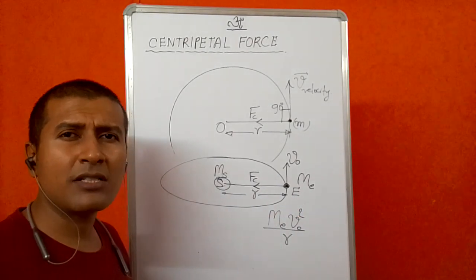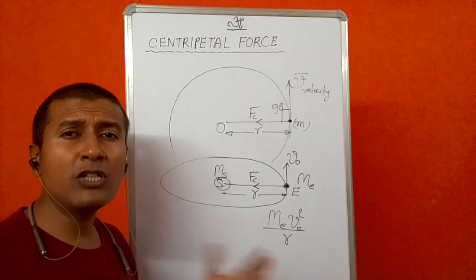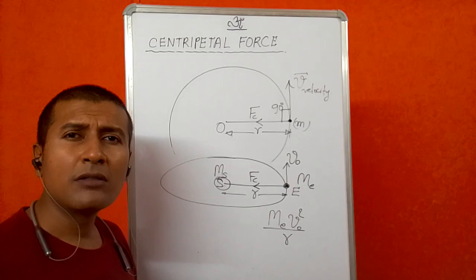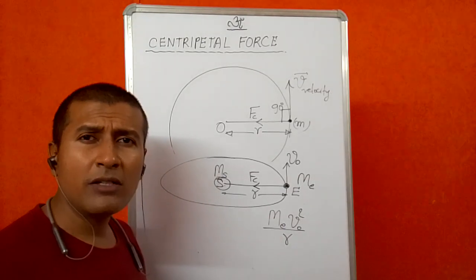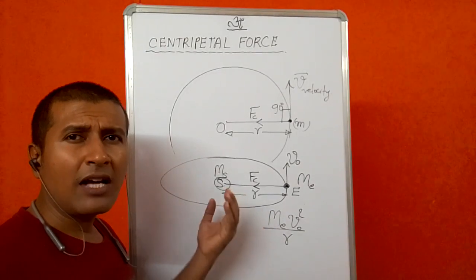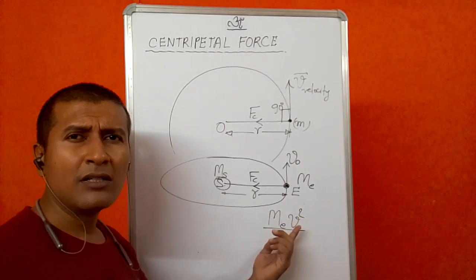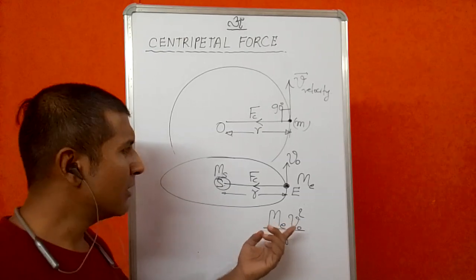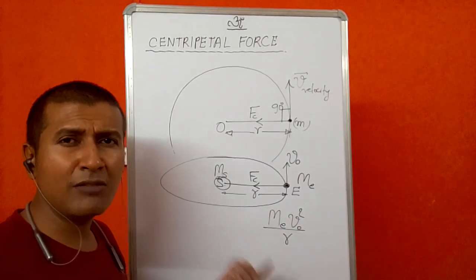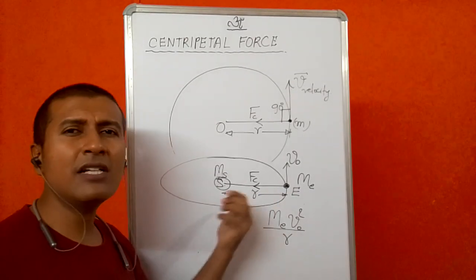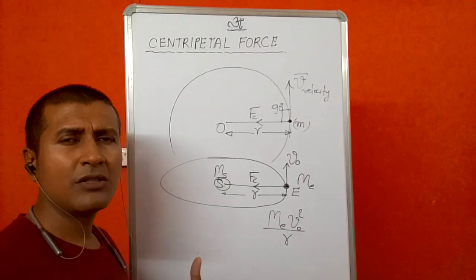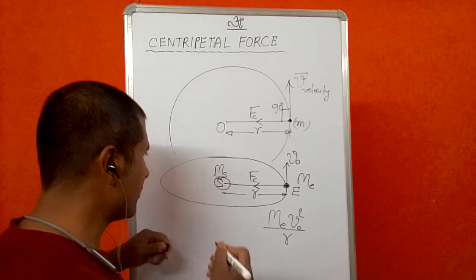Now, as I have discussed, centripetal force is not a new force, it is generated from something because of some property, right? Now here you need to understand how the Earth is provided the centripetal force. So that property is nothing but the gravitational force between Sun and Earth, right? Now what's the value of that force?